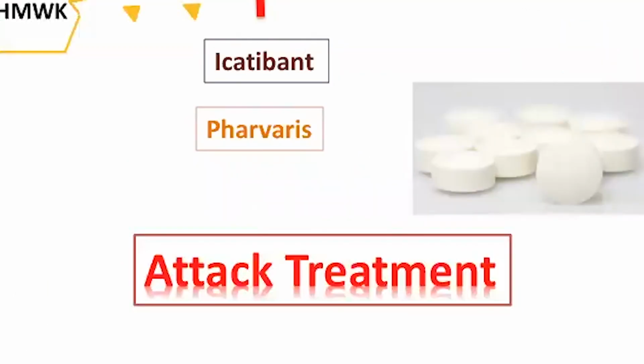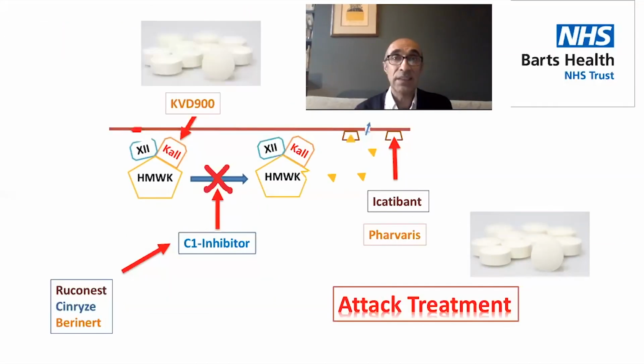A new drug that we are going to have early in 2021 in a clinical trial here in the UK is from Pharvaris, which is actually the same as icatibant, but it's taken orally rather than by injection. And there is a drug called KVD900, which is another oral drug that we used in clinical trials for treatment of acute attacks at Barts.